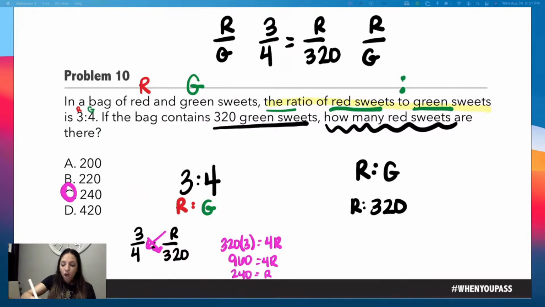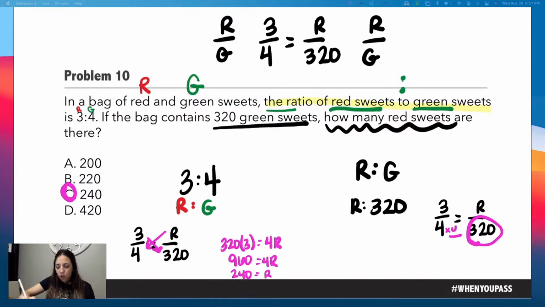I can also solve it by looking at how these proportions are set up. So I know that 4 times something has to give me 320. Well, I know that 4 times 8 is 32. So I know that 4 times 80 has to be 320.